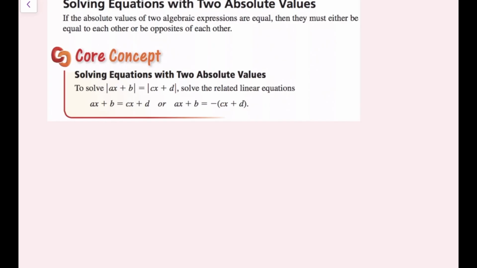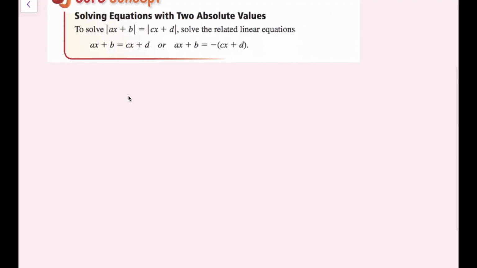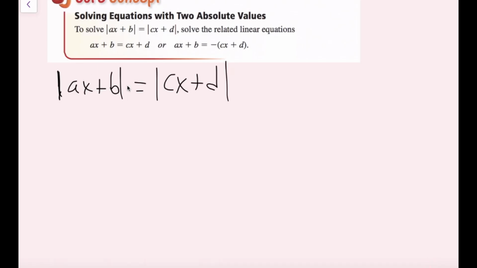So I'm going to unwrap this a little bit and show you the reason why this is the case. So if we had absolute value of ax plus b equals absolute value of cx plus d, well, if I just look at this side first, I would want to unwrap this side.